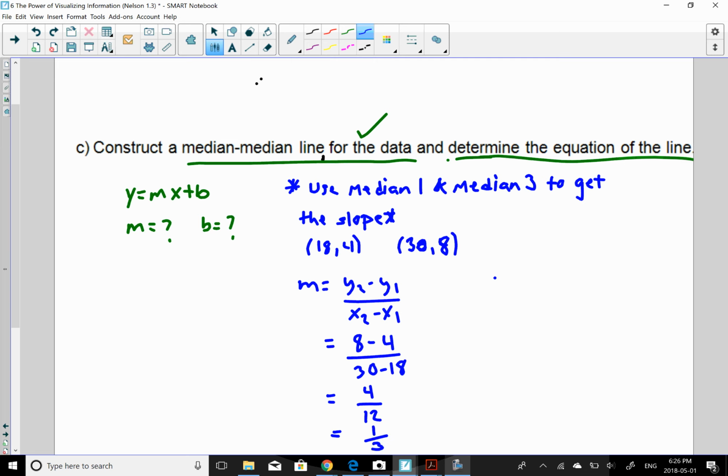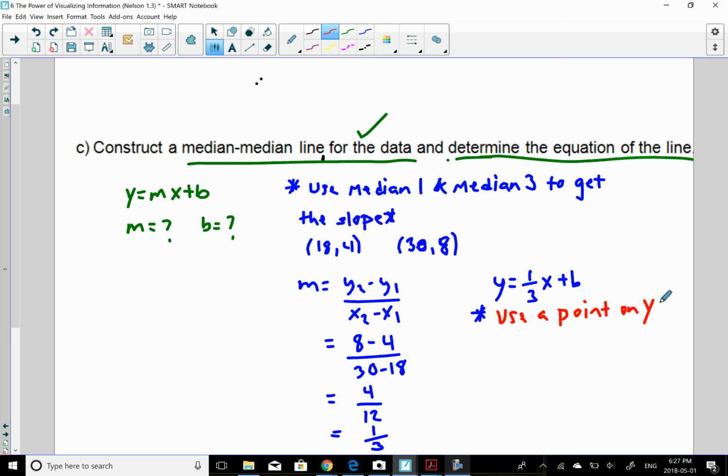Now if you recall, to find the y-intercept, use a point on your line. So this is where answers would differ slightly.